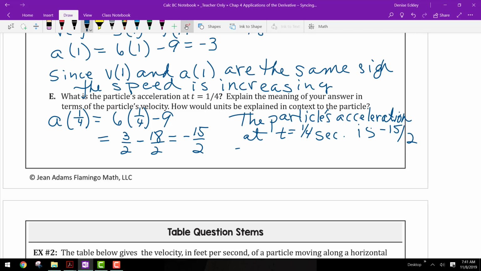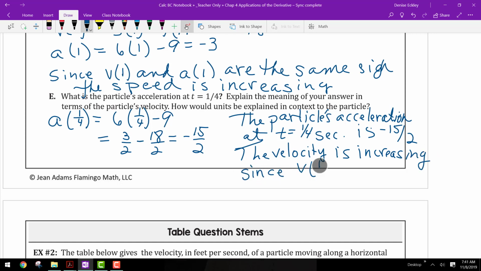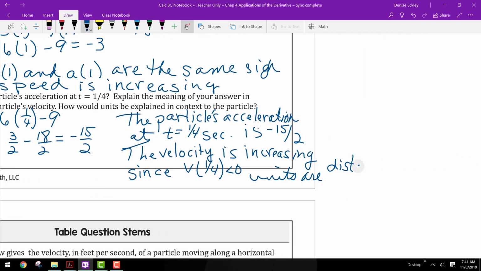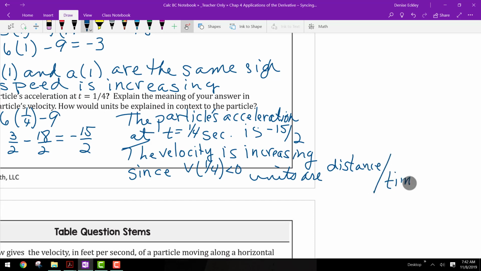The velocity is increasing, since v of 1/4 will be less than 0, and the units are distance over time squared. Sorry, I ran out of space here.